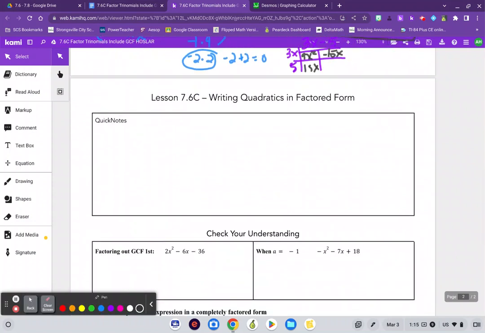All right, so let's talk about some quick notes here. The quick notes that I'm going to write down for you include this. A reminder that factoring means that we are going to rewrite the expression as multiplication. So to factor means that we rewrite the expression as multiplication.